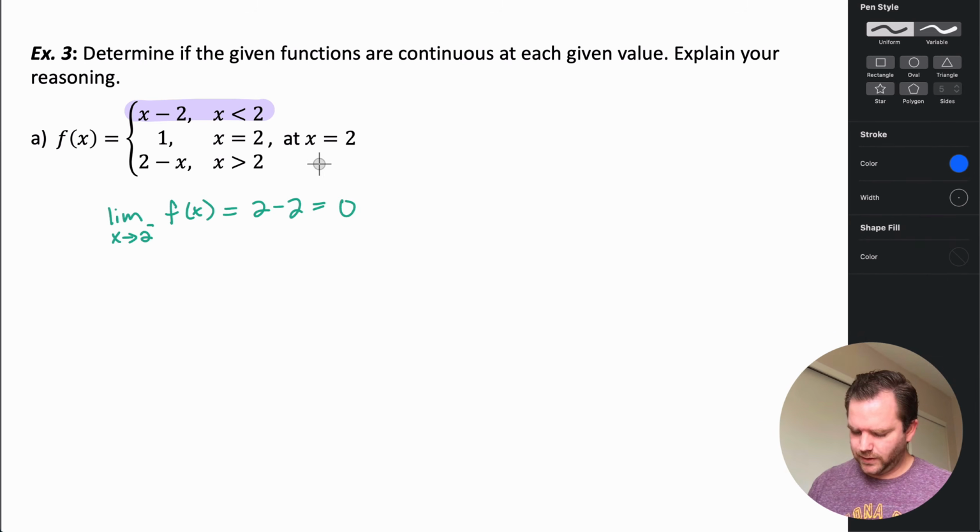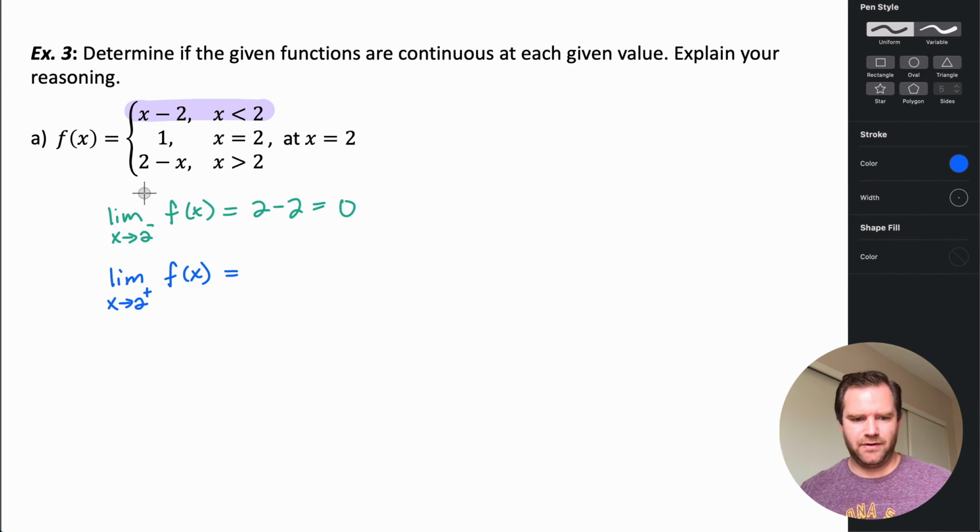What is the limit from the right? The limit as x approaches 2 from the right of f of x. That means I'm looking at values of x that are greater than 2. So for that, I'm using this part of my definition, which is 2 minus x.